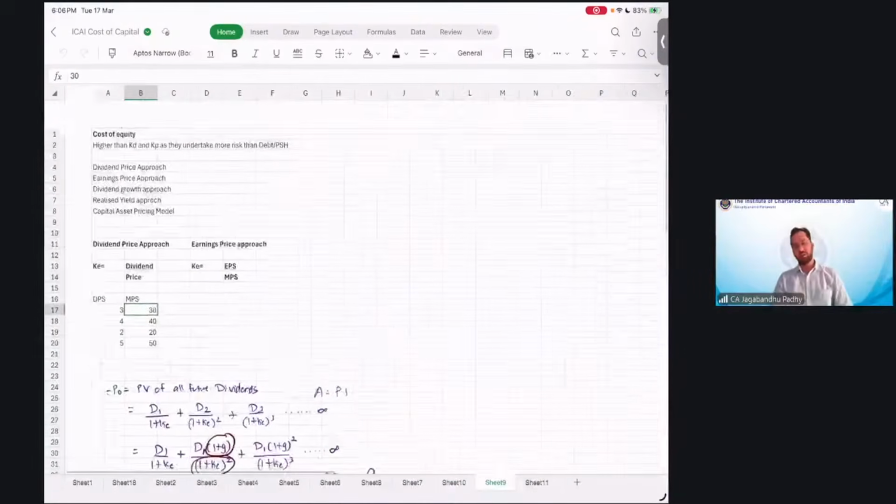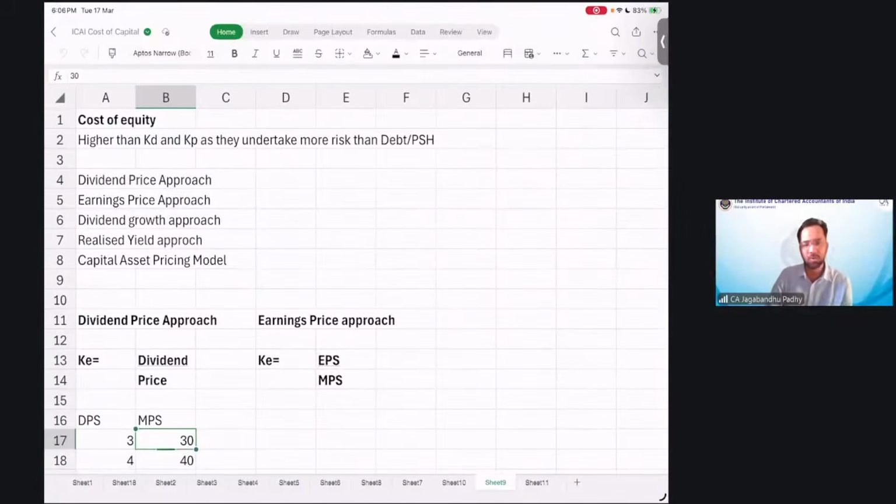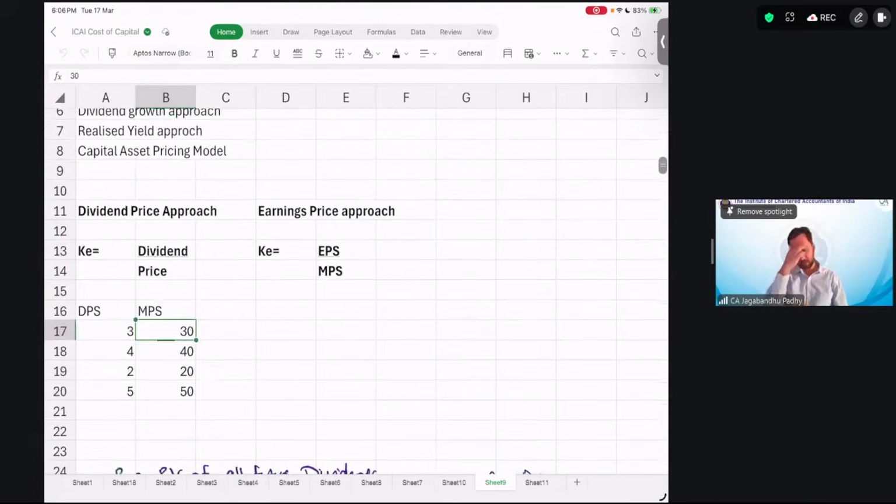But the other part that we're looking to address is the calculation of cost of equity. So cost of equity, it's simply going to be either of these approaches. Either you can get it by way of dividend price approach, or earnings price approach, or dividend growth approach, or it could be realized yield, and it also could be the capital asset pricing model. So dividend price approach, we say KE is dividend upon price, right?